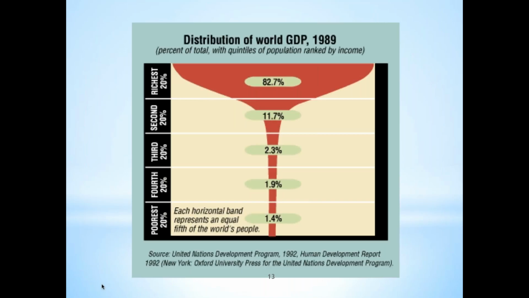Looking at the distribution of the world's gross domestic product, a different way of looking at this, the richest 20% of the countries, the richest 20% of the income has 82.7% of all of the GDP in the world.